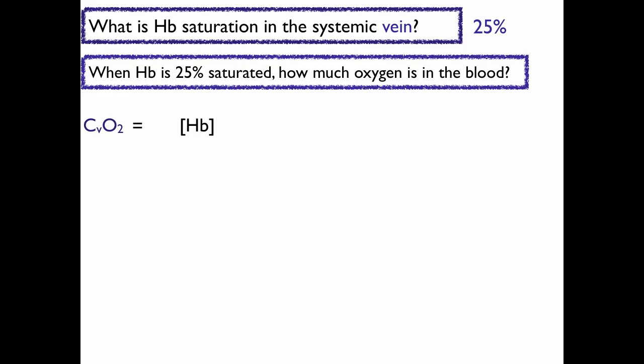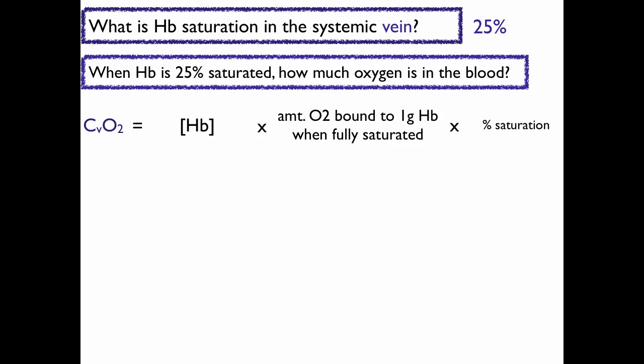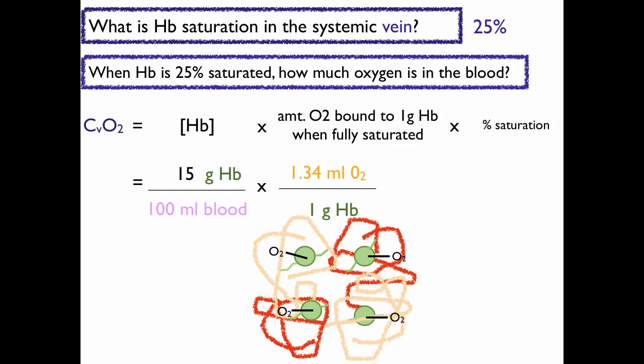Again, using our same formula where we take the concentration of hemoglobin, multiply it by our constant if hemoglobin was fully saturated, and then multiply by our actual saturation. Again, our average male has a hemoglobin concentration of about 15 grams of hemoglobin per 100 mLs of blood. And we know that if that 1 gram of hemoglobin was fully saturated, it would hold 1.34 mLs of oxygen, but it's not.